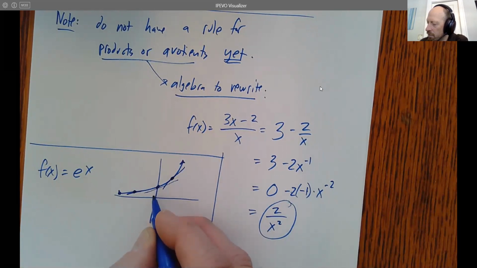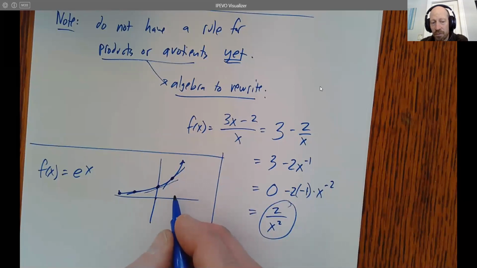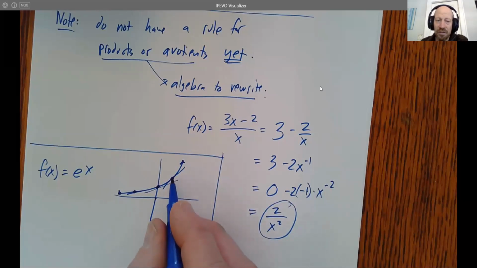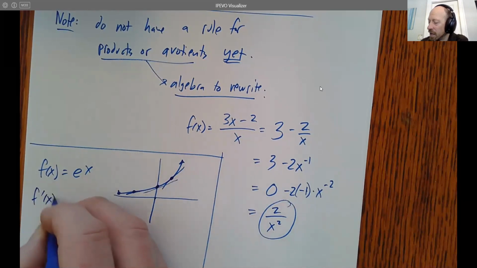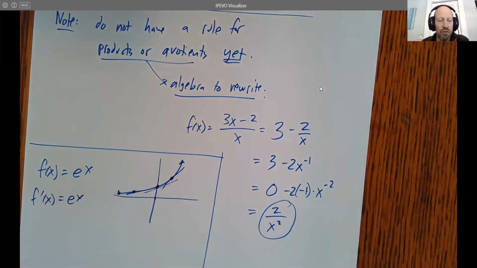At x equals 0, the function is 1 and the slope is also 1. At x equals 1, the slope is e and the function is also e. It feels kind of strange, but it has this unique property that the derivative is itself.